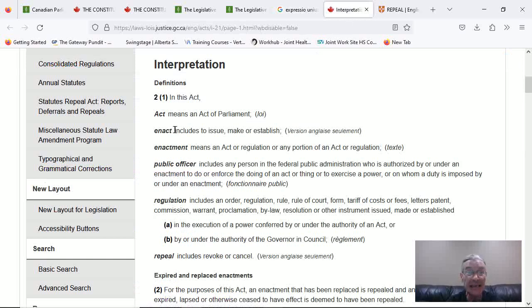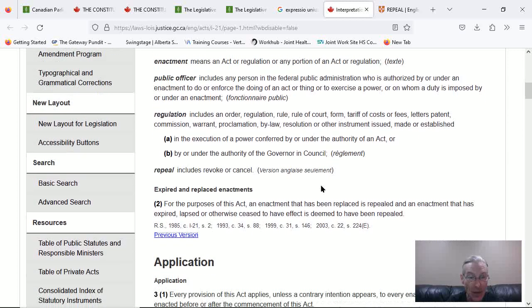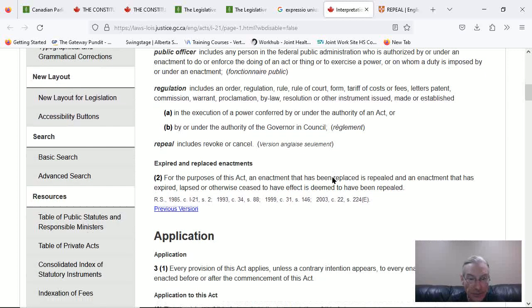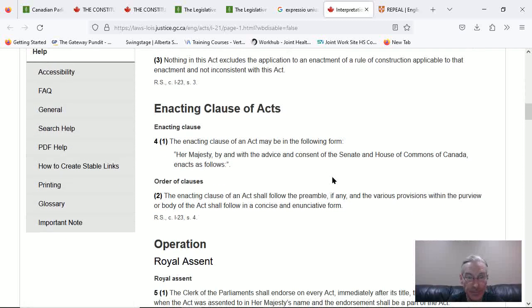So enact includes to issue, make, or establish. Enactment means an act or regulation or any portion of an act or regulation. Moving right along. Enacting Clause of Acts. The enacting clause of an act may be in the following form. Her Majesty, by and with the advice and consent of the Senate and House of Commons of Canada, enacts as follows.